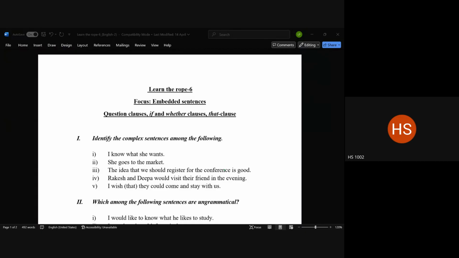And embedded sentences, do not get confused by the many terminologies that show up in the module. They're basically one and the same thing, right? Whether you call it a principal clause and a subordinate clause, or a dependent and an independent clause, or a matrix clause and an embedded clause, they all mean the same thing, right? Embedding is basically any subordinate clause embedded within a larger independent clause.